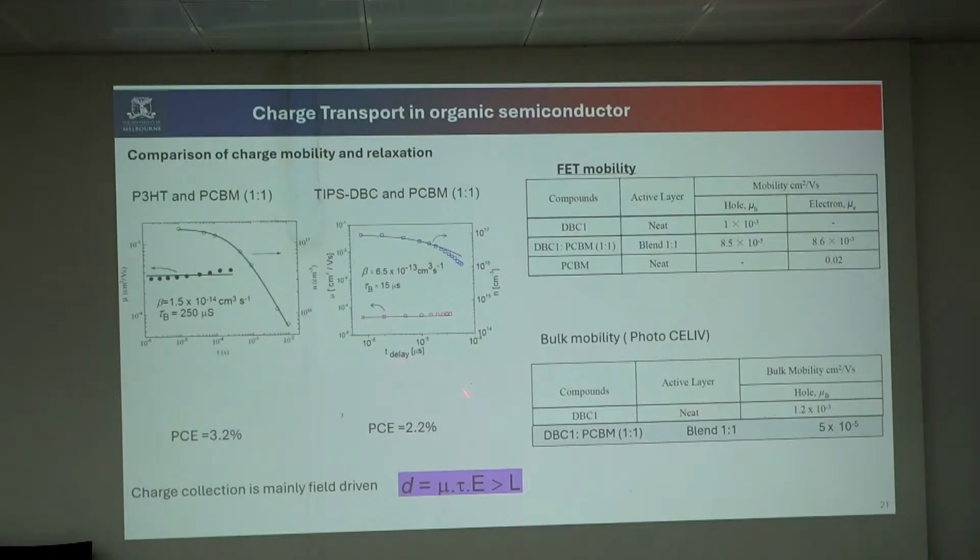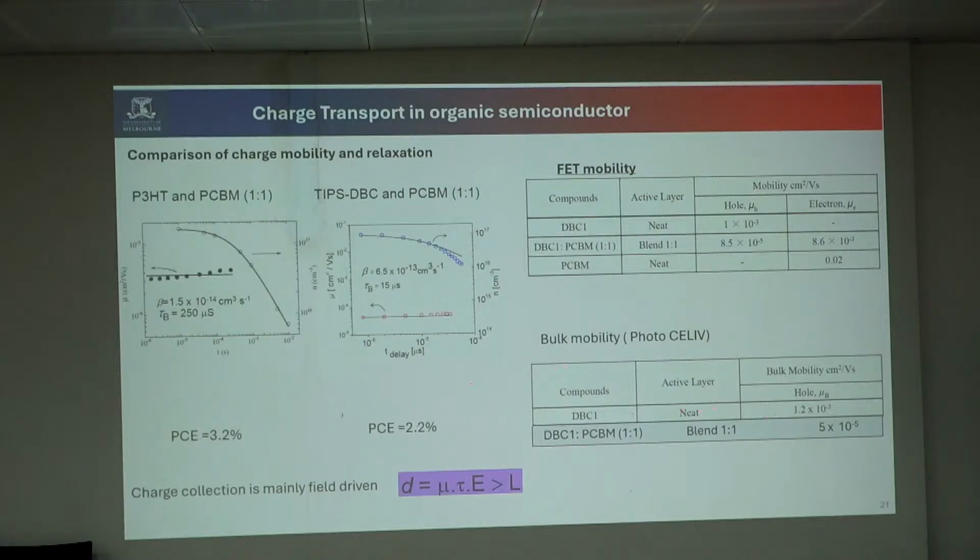It's not only about low mobility, we also need to have balanced mobility. What do I mean by balanced mobility? In an organic solar cell, we use donor and acceptor. After the charge separation, the donor and acceptor are expected to have the same mobility.